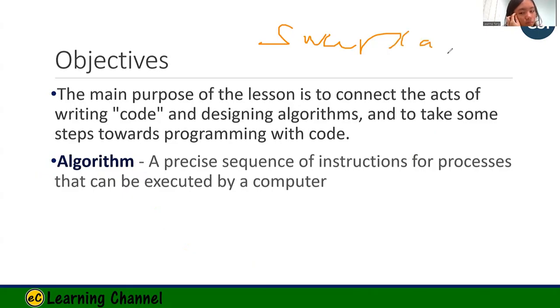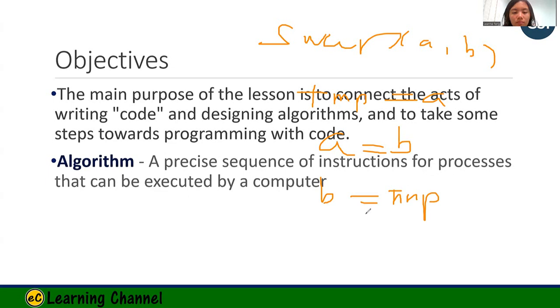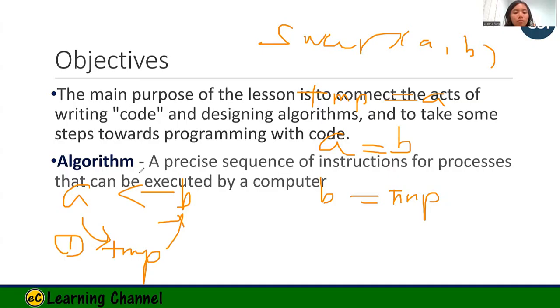You do swap A, B. So you say temporary value equals A, A equals B, B equals temporary value. This is called swap algorithm. Your A assigned to temporary value, your B assigned to A, and then temporary value assigned to B. 1, 2, 3 steps, you do swap.